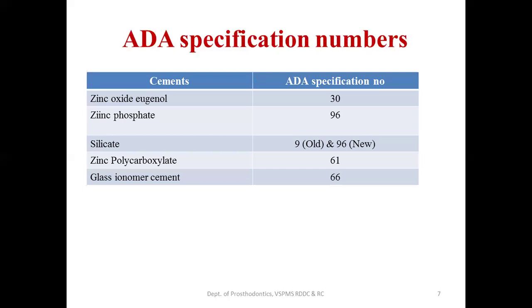Let's have a quick look at the ADA specification numbers of all the cements that we have covered. That is zinc oxide eugenol 30, zinc phosphate 96, silicate 9 and 96, zinc polycarboxylate 61, and GIC 66.